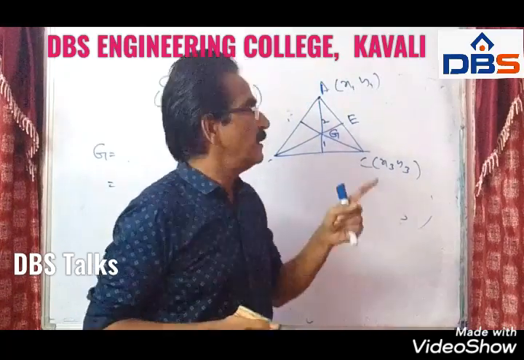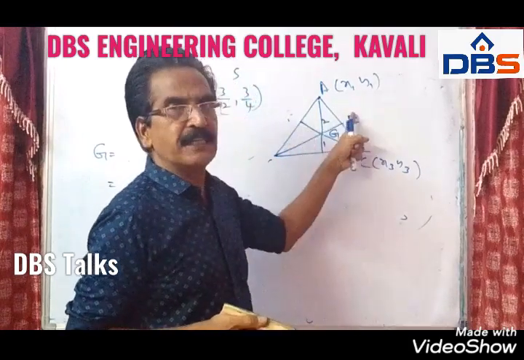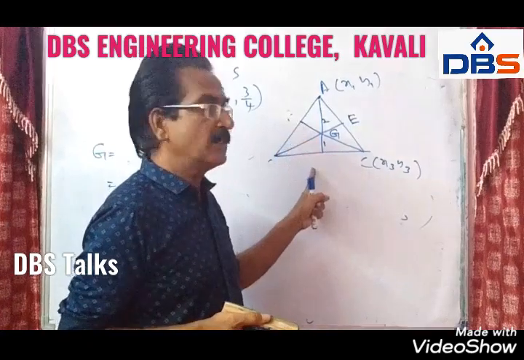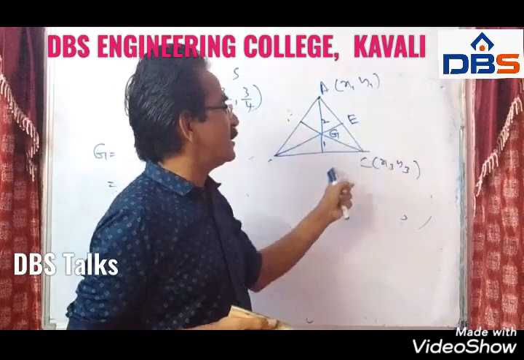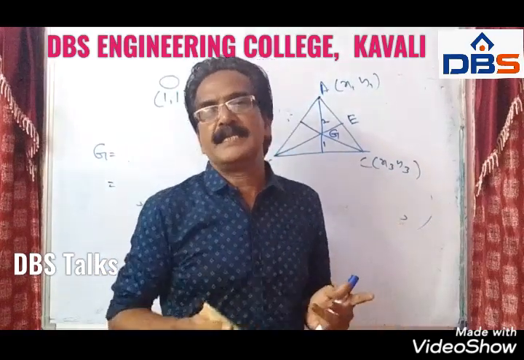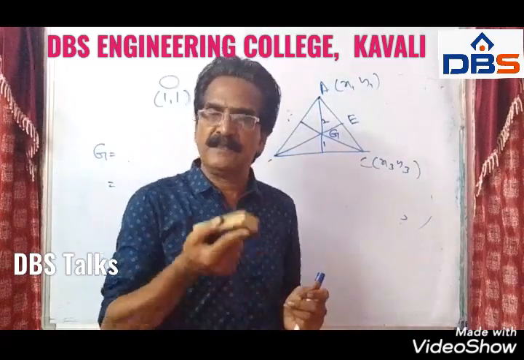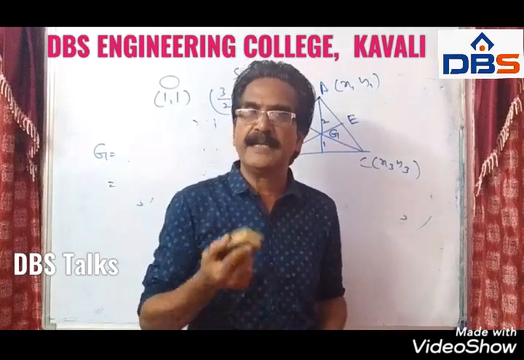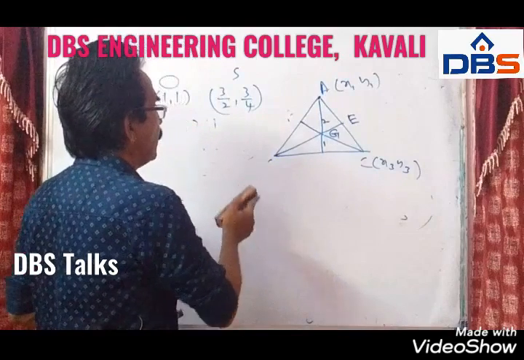They are simple, friends. By solving these 2 equations you get A. By solving these 2 equations you will get B. By solving these 2 equations you will get C. After getting A, B, C, it is easy to find the centroid, that is (x1 plus x2 plus x3)/3, (y1 plus y2 plus y3)/3. So we do that problem also.